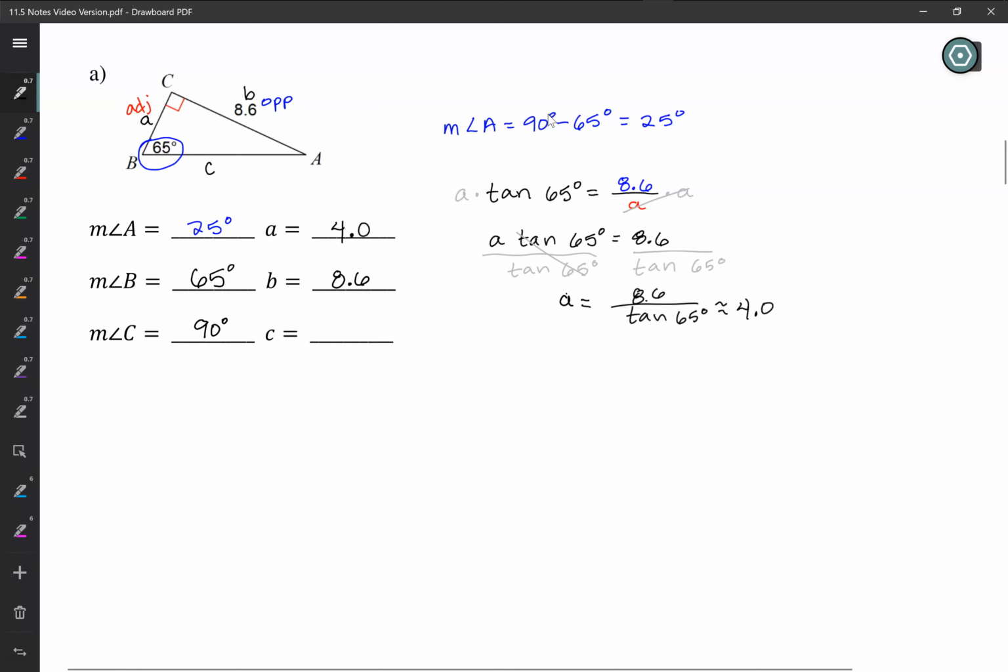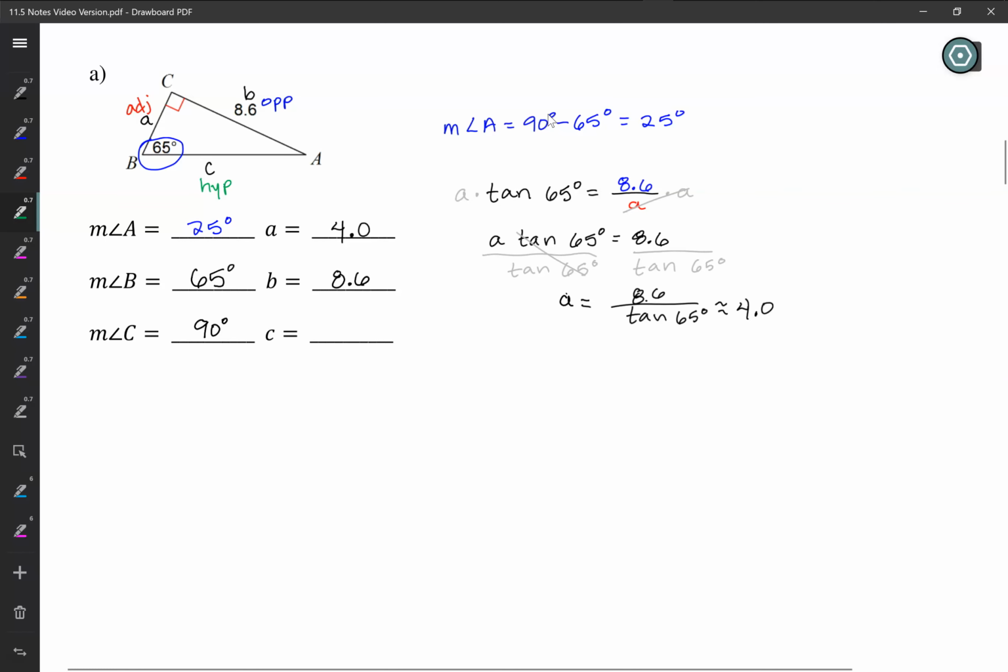Okay, now I want C. So I could use the 4.0 if I wanted to, but again, just in case I made a mistake, I'm going to stick with the 8.6. I'm going to use the opposite side still, and C is the hypotenuse. Opposite, hypotenuse, so SOH CAH TOA.